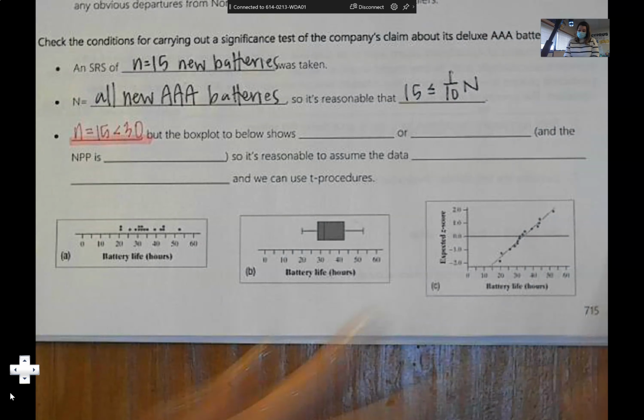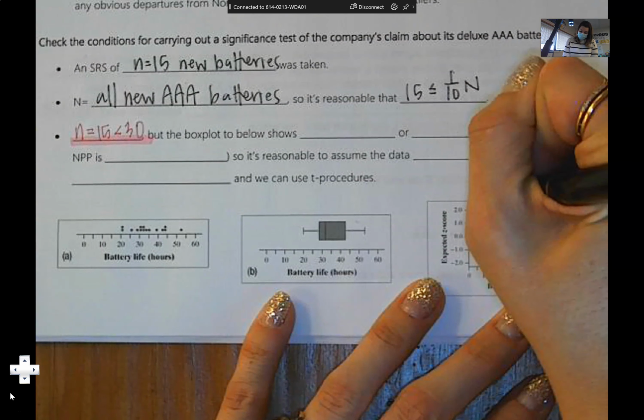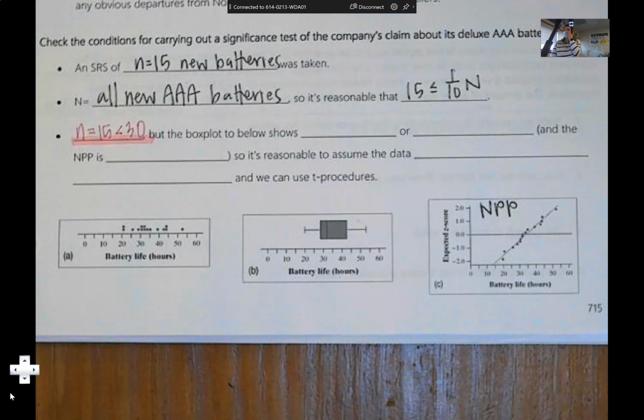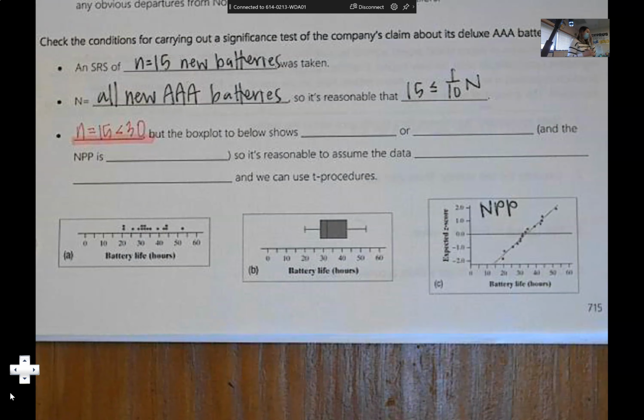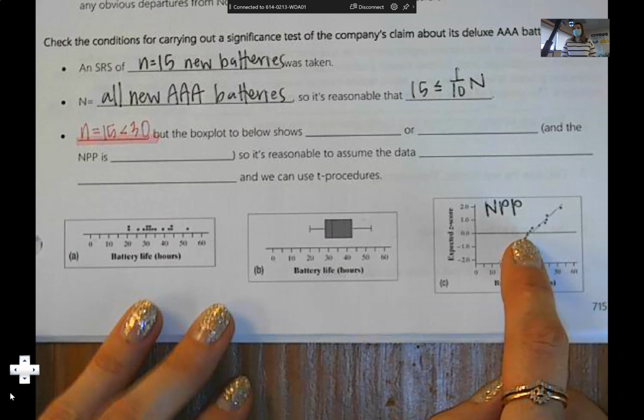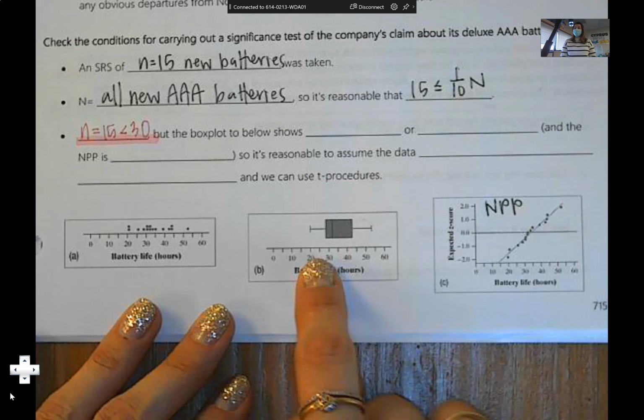Then the one other thing that we have discussed is your normal probability plot. What you look for on this plot is that it's fairly linear, or that it has a linear form. I often will not use this as my graph, and if I do, I still do the box plot.